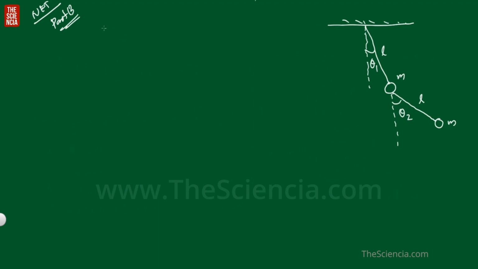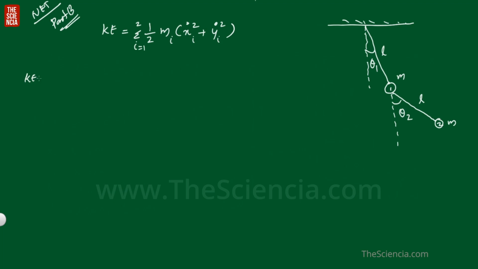What they asked us to find is the kinetic energy. We know kinetic energy is equal to half m (ẋ² plus ẏ² plus ż²). But there is no z coordinate, so we are taking only ẋ² plus ẏ². Here you can see there is one particle and there is another particle. Two particles are there, so this equation will be the summation from i equal to 1 to 2 of half m_i (ẋ_i² plus ẏ_i²).